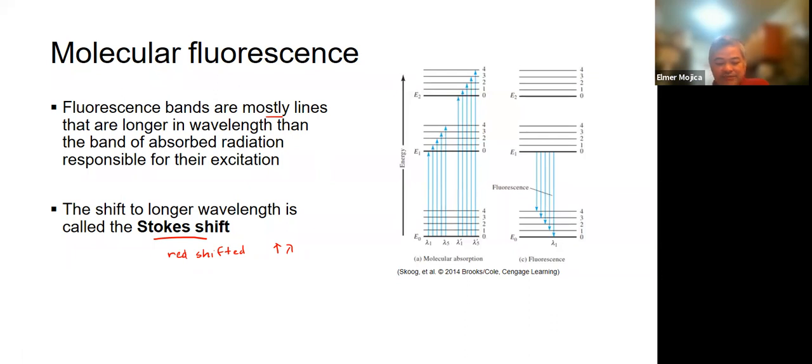And there are some processes that affect the so-called Stokes shifts. One of them is internal conversion, which can affect the Stokes shift. Another way that can affect the Stokes shift is what we call the solvent effect.